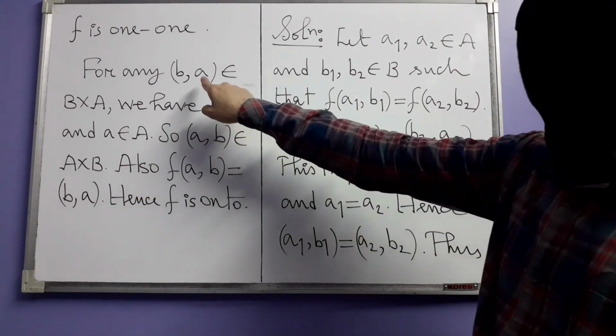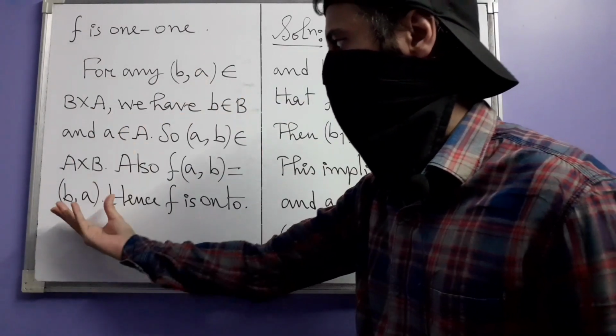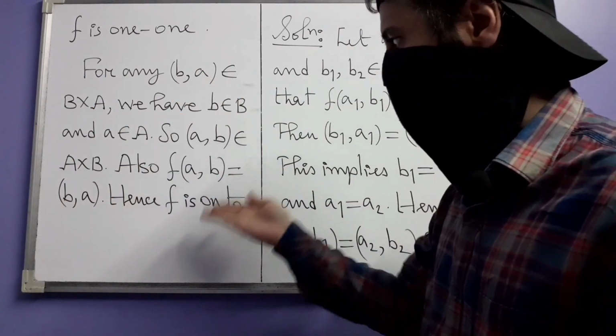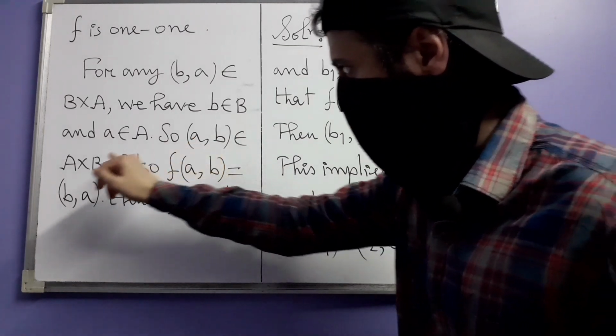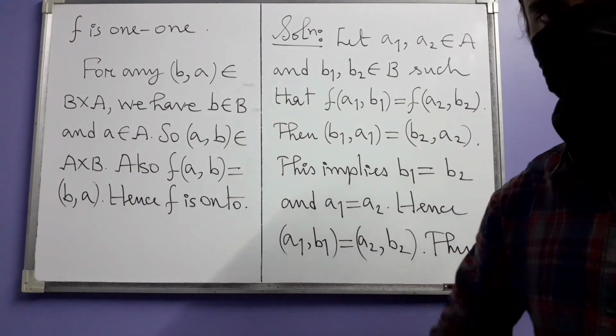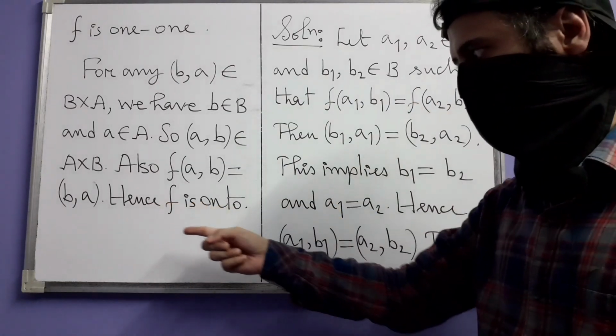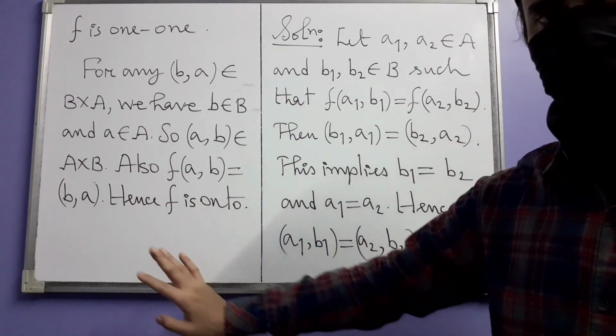So your arbitrarily chosen element in the codomain appears as the image of some element in the domain under the function f. So by definition f is onto, and being 1-1 and onto, f is a bijective function. So you write the last line.